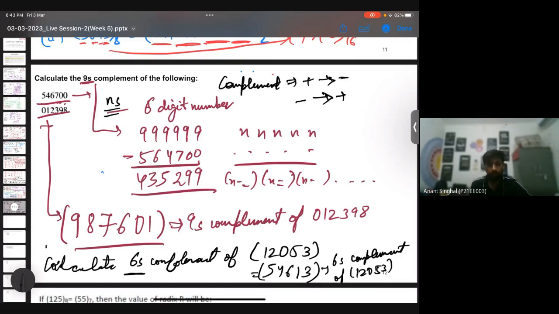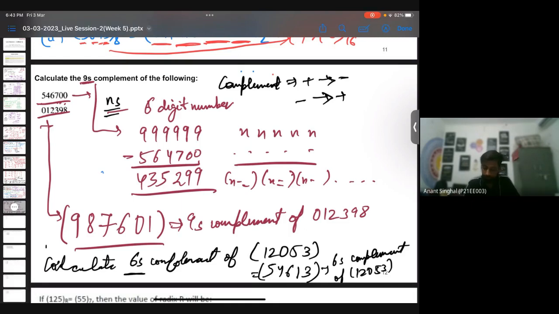So this is the basic understanding of how we can find the complements of a decimal base number. We'll cover the ones complement and twos complement, which are quite important, later in this session only. So for now, this is a basic understanding of converting nines complement or n's complement from a decimal base number. So I hope it is clear.